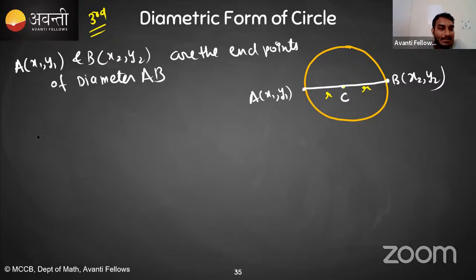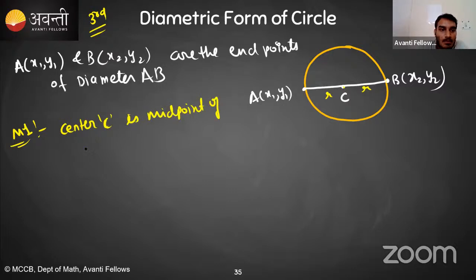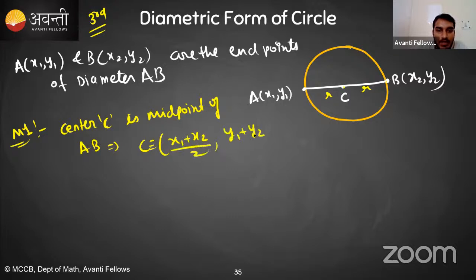Is this clear? I just write here method 1. I am not solving by method 1, I am just putting the procedure, in case somebody doesn't know method 2 which I am about to tell. The center C is the midpoint of AB, so the coordinates of C are ((x1 + x2)/2, (y1 + y2)/2).